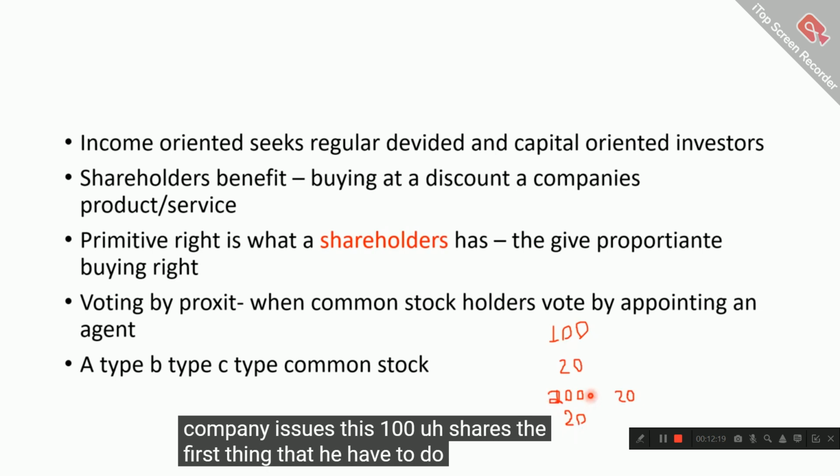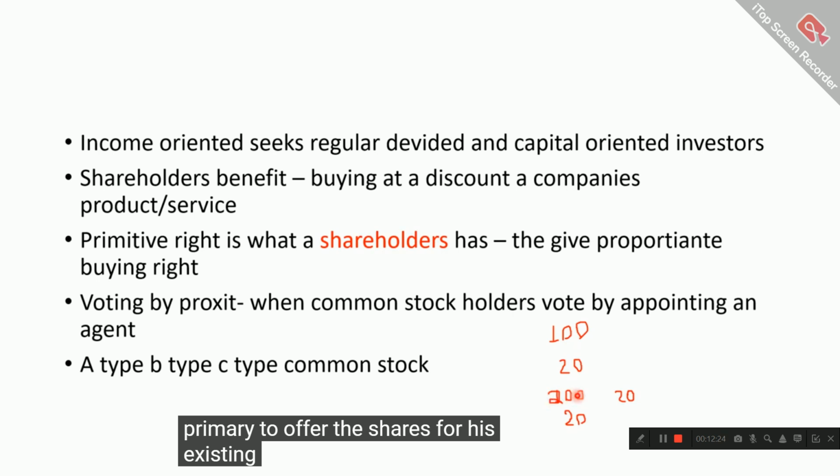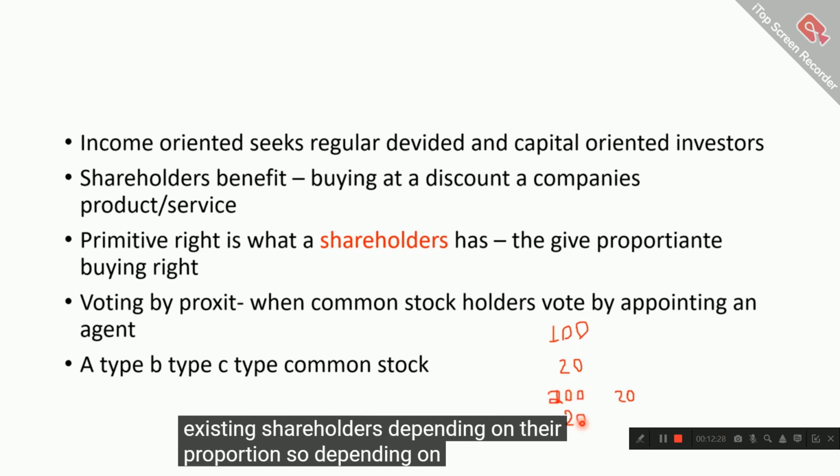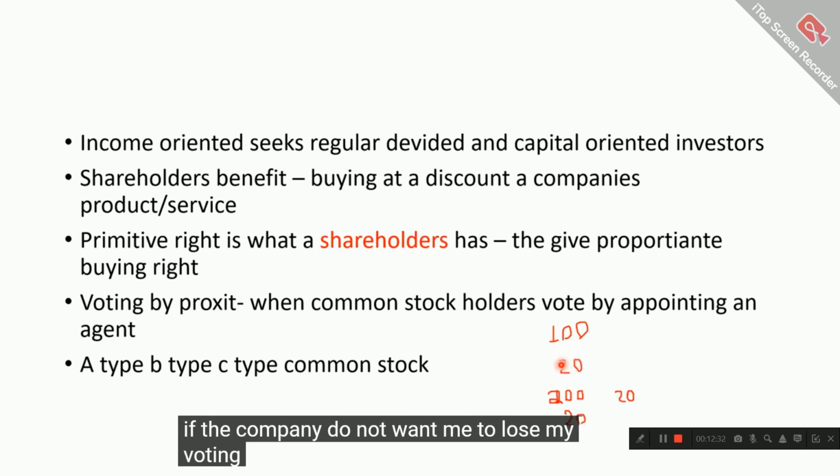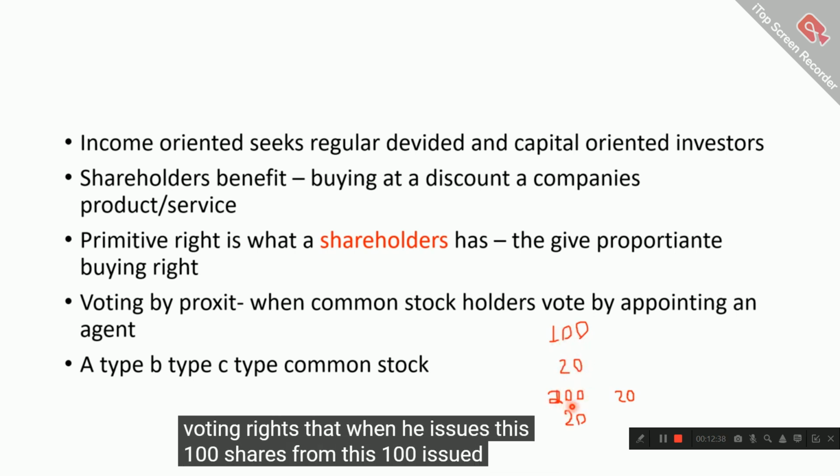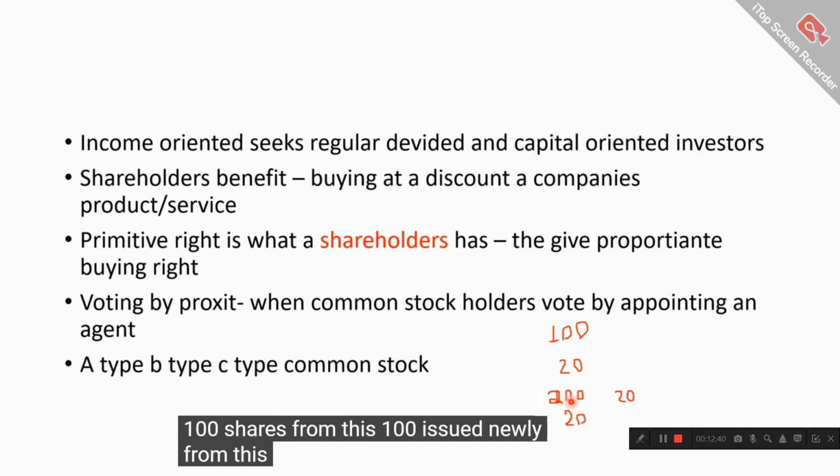So if the company does not want me to lose my voting rights, from these newly issued 100 shares, it will provide 20 shares to me, giving existing shareholders the priority to buy.